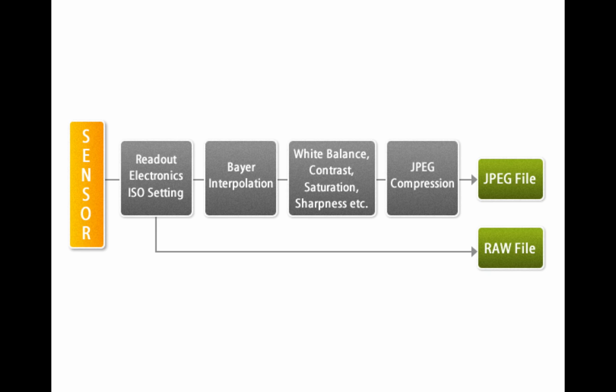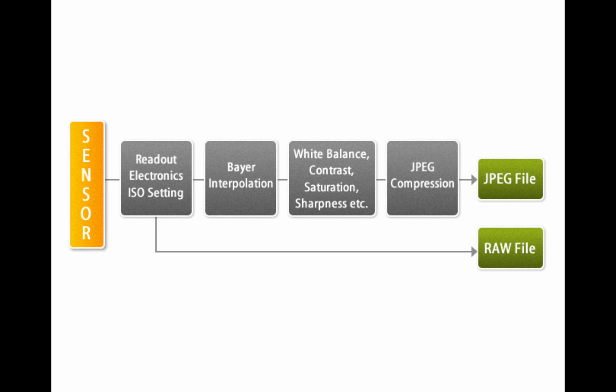Now, this class doesn't require cameras, but this is the workflow of a professional photographer from beginning to end. So a professional photographer is always going to have their camera set on the RAW file setting. And this chart really explains why.